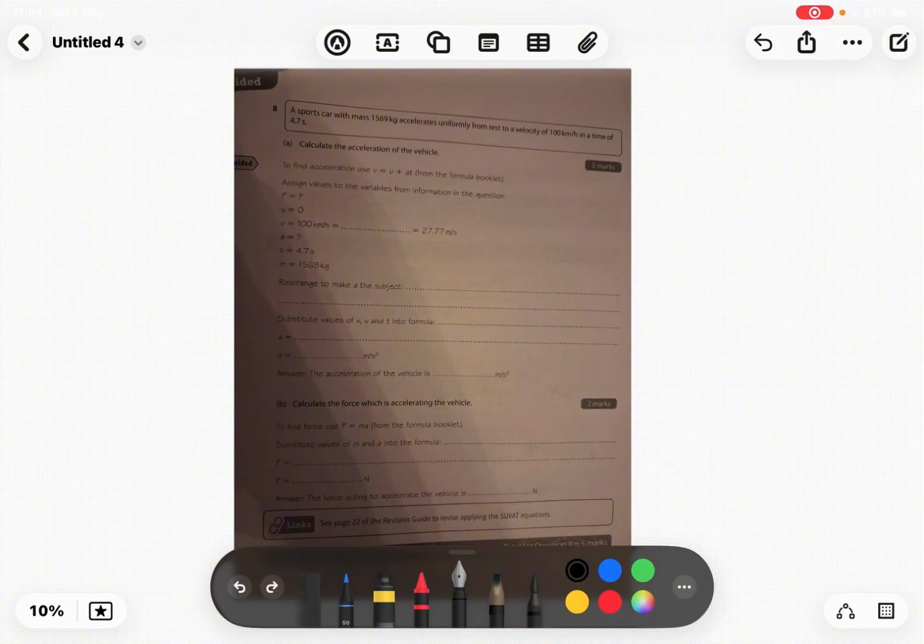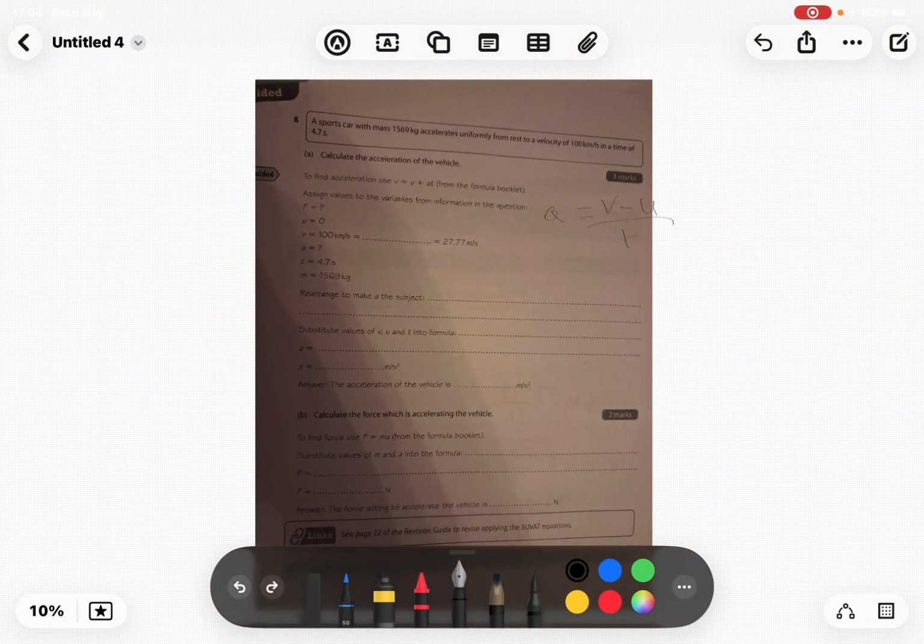So acceleration equals v take away u divided by time. v is the end velocity, like what it's going at. u is the initial velocity, the right now velocity, and t is time. We need it in meters per second because that's what we usually do. We always use meters and not kilo.